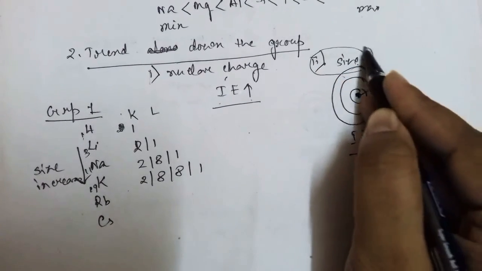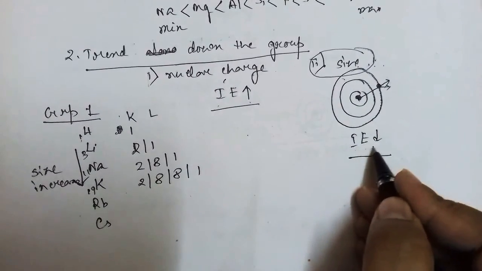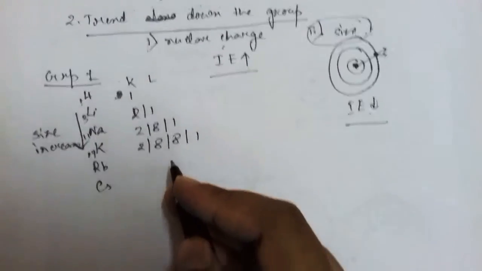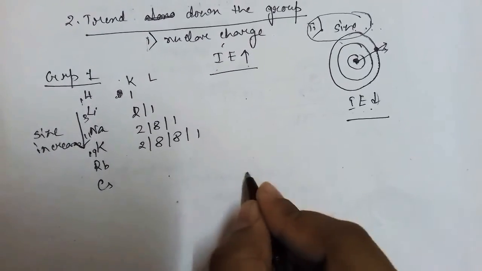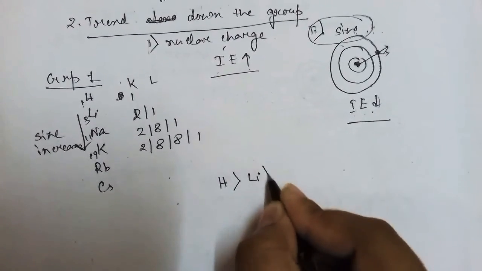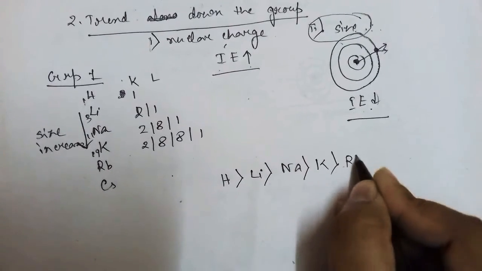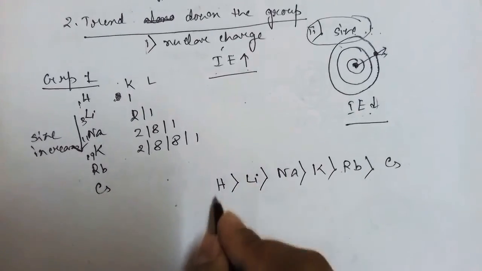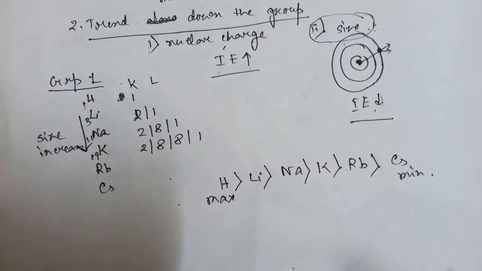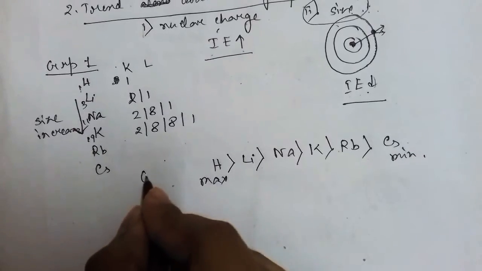Here the size factor predominates. As the size factor predominates, the ionization energy will decrease down the group. So for group 1, we have hydrogen being the maximum, then lithium, then sodium, then potassium, then rubidium, then cesium. Hydrogen is the maximum and cesium is the minimum for ionization energy. Group 1 is like that.